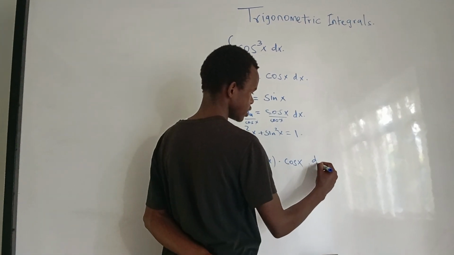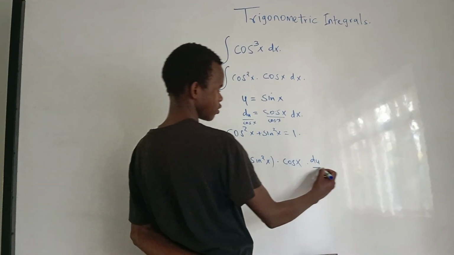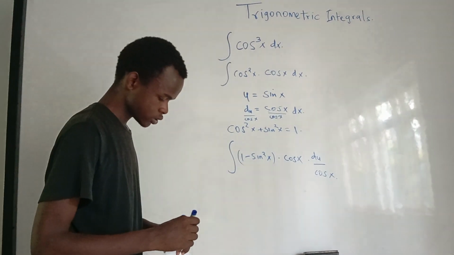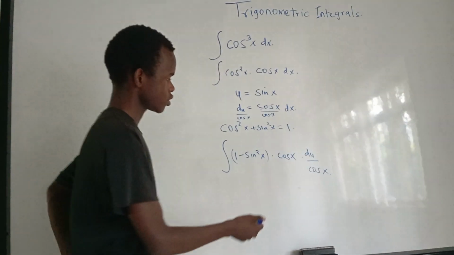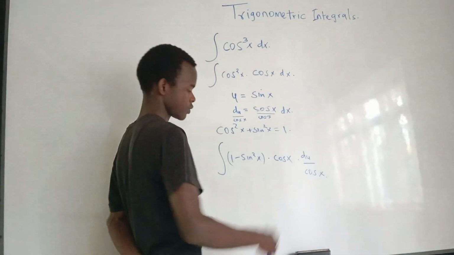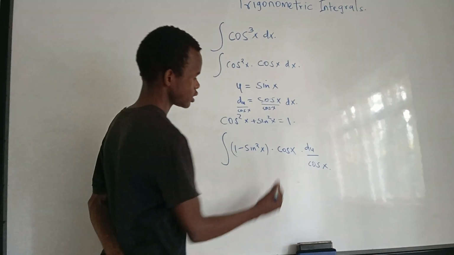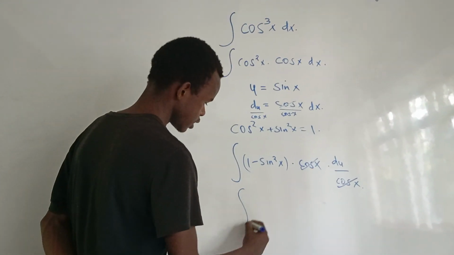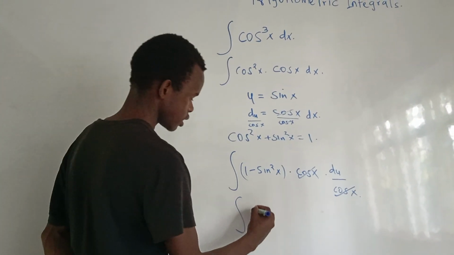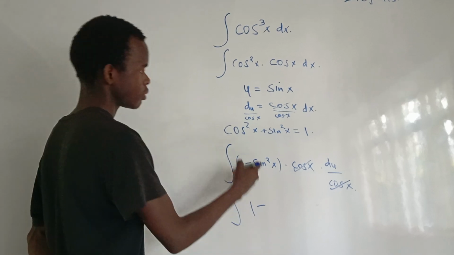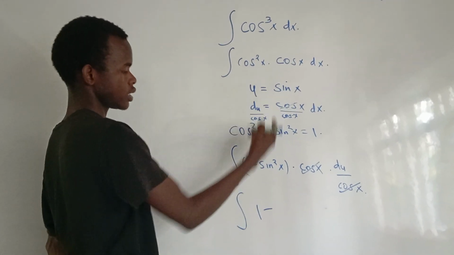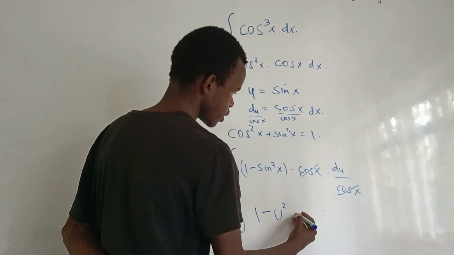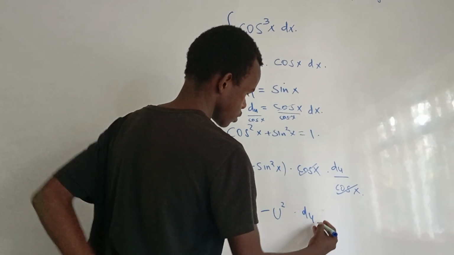As you can see, this allows us to cancel cos of x. My cos of x will go with cos of x. My integral will be 1 minus, but we said our u is sine, so this is just u squared, multiplied by du.